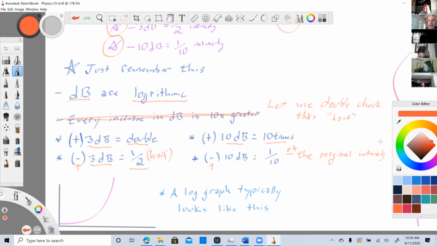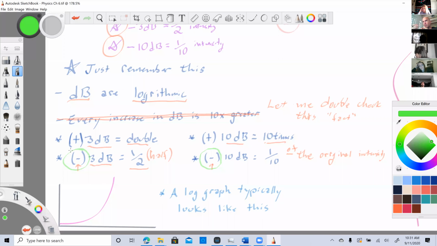We deal with, by the way, guys, more often than not, the negative intensities. Because when we're talking about this, really the only reason we're going to talk about decibels at all is not so much the power output, but the attenuation. Attenuation is always negative. So in fact, if you say 3 decibels of attenuation, the negative is implied.